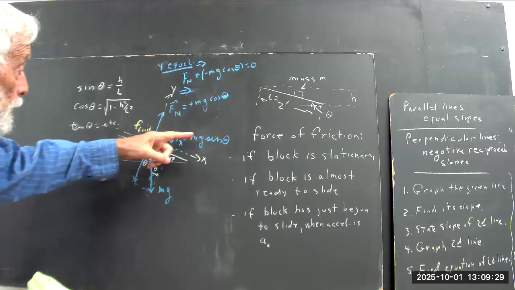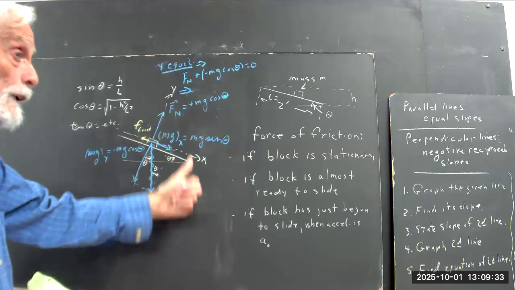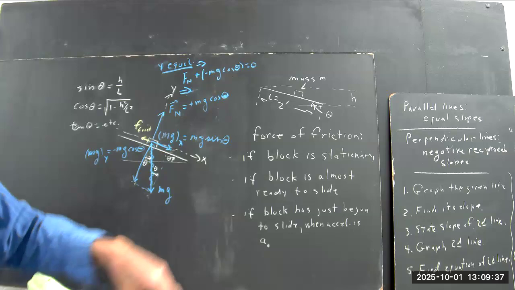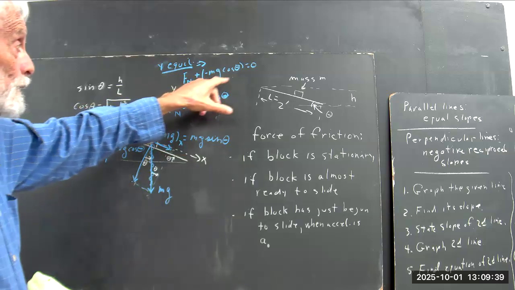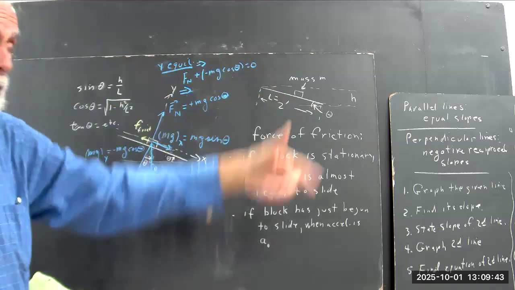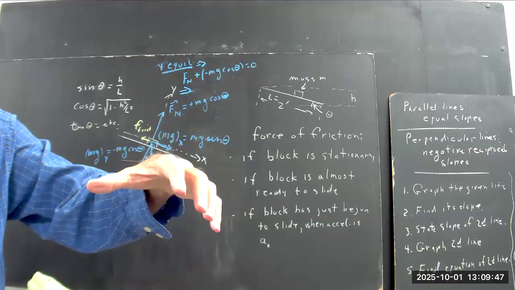If there's a push in the horizontal direction, that push has a horizontal and a vertical component. So you no longer can say that these forces add up to 0. You've got to take that other vertical component and include it in what's equal to 0.